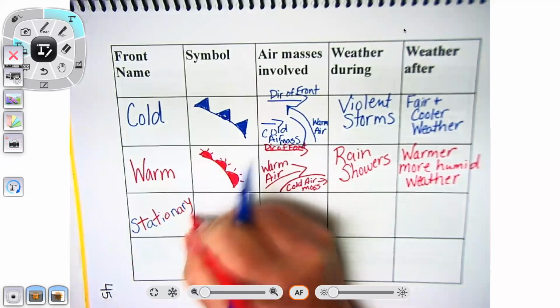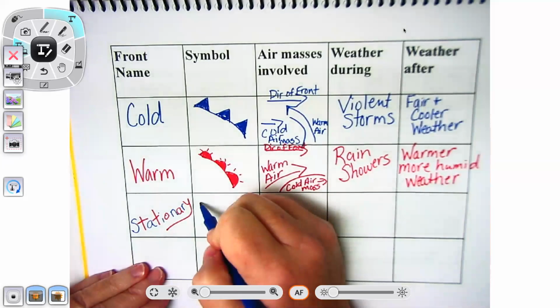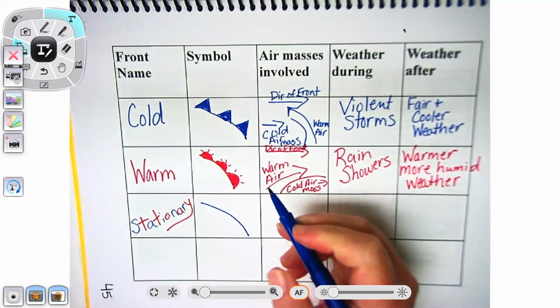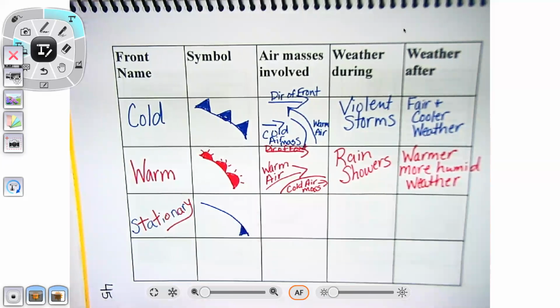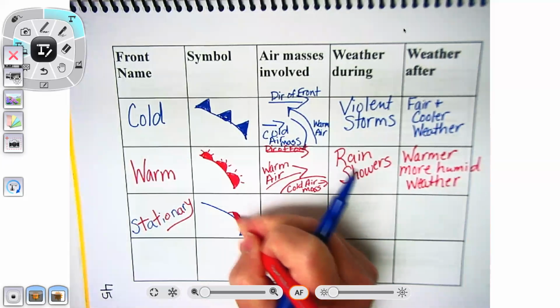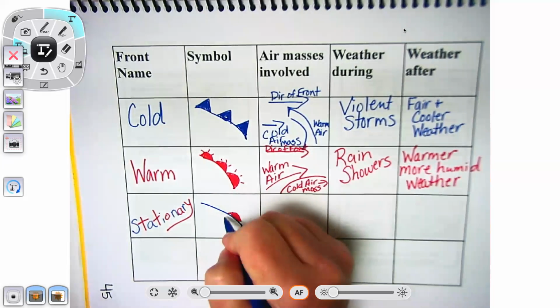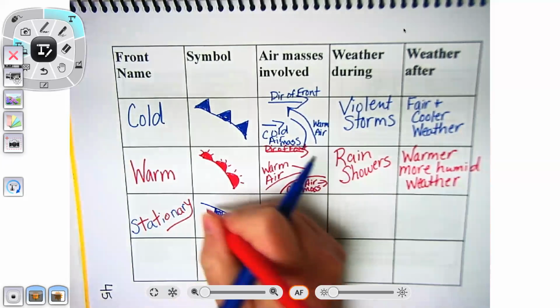Miss Lamont wrote stationary back and forth and back and forth because stationary is like a battle. So I've got my front here, my cold on one side and my warm on the other side.